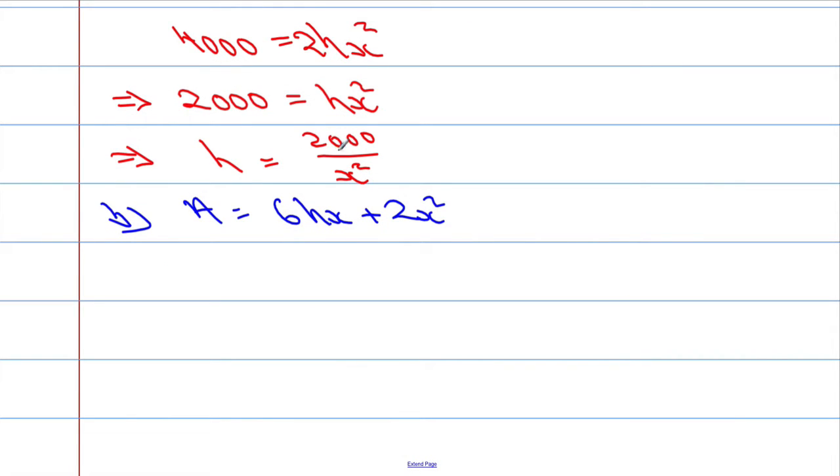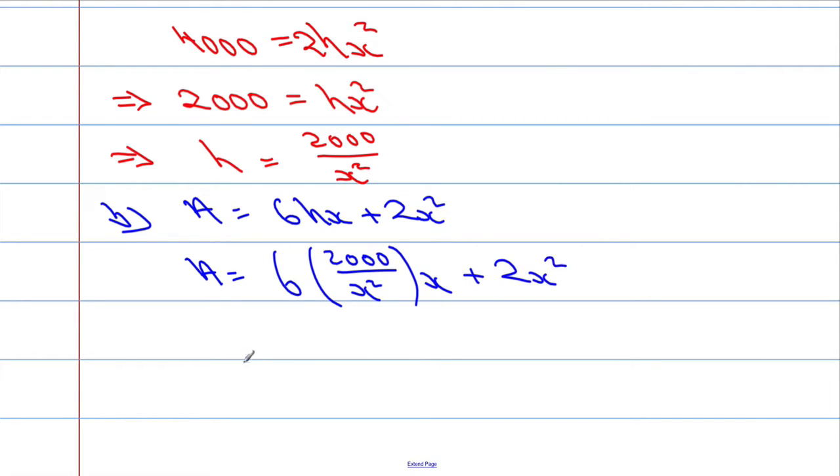Well, we know that h equals 2,000 over x squared. So let's replace the h with this expression here. So we get 6 times 2,000 over x squared times x plus 2x squared. Well, 6 times 2,000 is going to give me 12,000, and x squared is underneath.